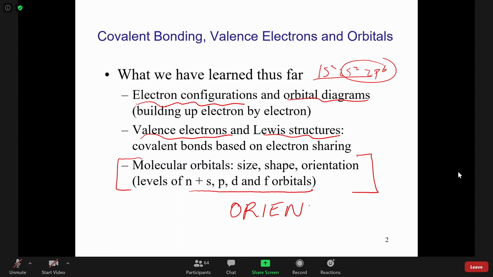We talked about that extensively. P orbitals have 3 different orientations, for example. So if we're going to get at 3-dimensional space, we need to understand something about orientation, because the electrons live inside these orbitals, and they live inside orbitals that are oriented to one another differently.